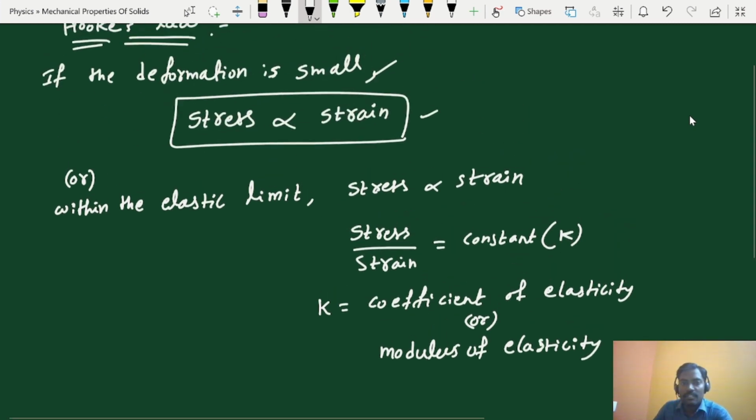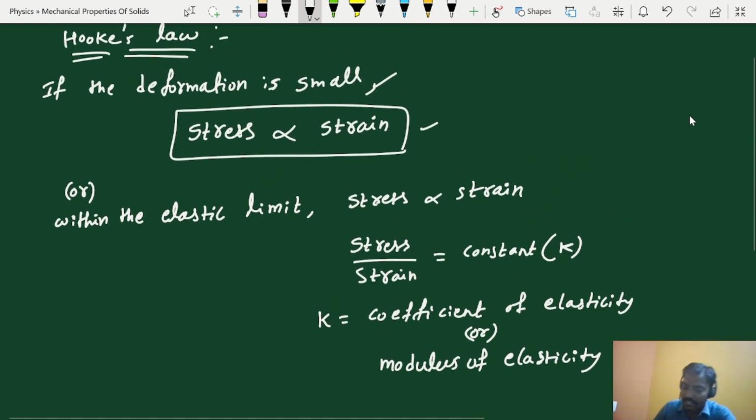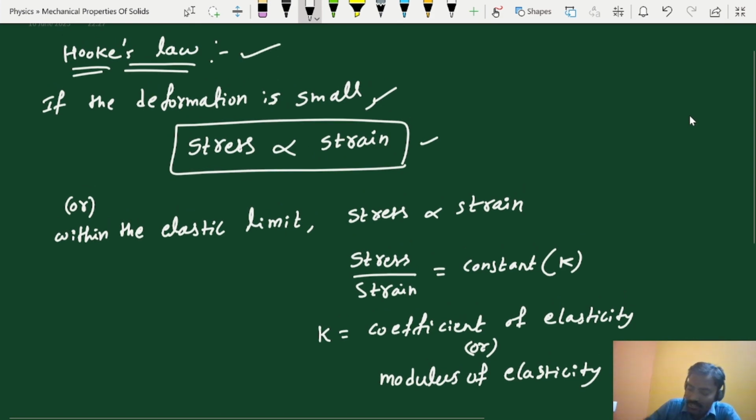So from this statement what we can understand is Hooke's law is an empirical law. It is not a universal law and it is not applicable in all situations. It is applicable only when the deformation is very small, within the elastic limit only, right? So that is why we can say it is an empirical relation or empirical law.